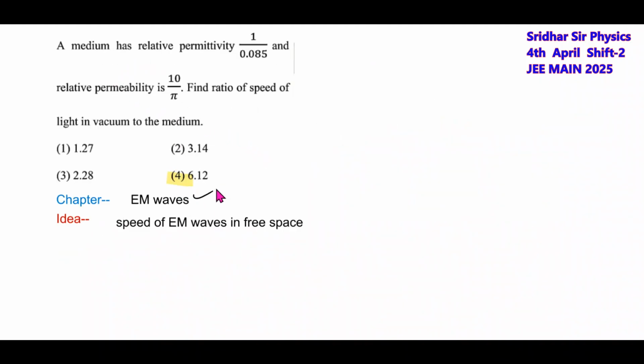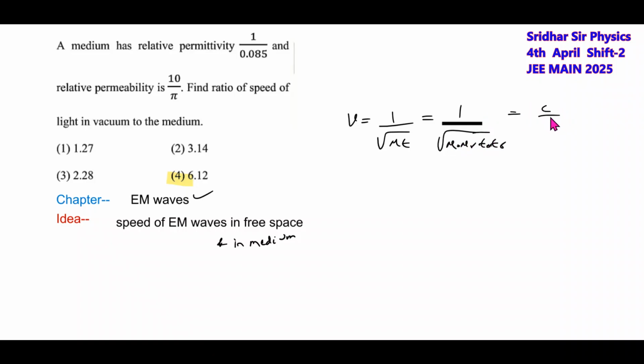Okay, this question belongs to chapter EM waves. Speed of EM waves in free space and in any medium. Then what is the expression for this? V is equal to 1 by root of mu into epsilon, mu into permittivity. So this will become mu naught mu r epsilon naught epsilon r.